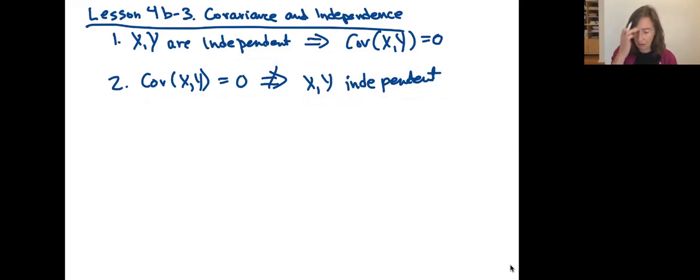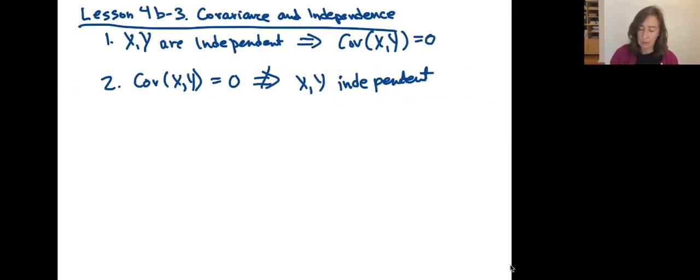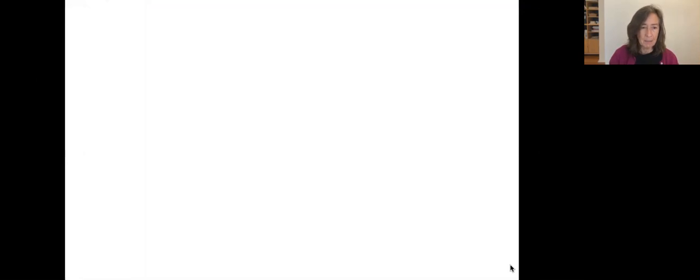Okay, so let me start with as much space as possible for my little example here. What I want is X taking values X1 and X2, and Y taking values Y1 and Y2.